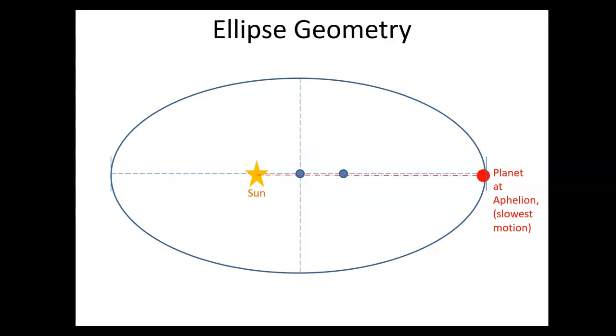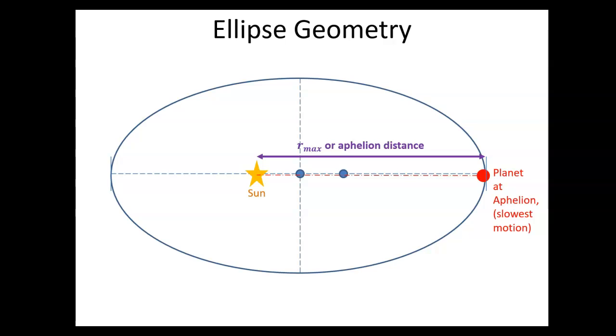This distance from the sun to the planet, when it is at aphelion, is called R max, because it's the maximum orbital distance. That distance is also referred to as the aphelion distance, because it's the distance of the planet from the sun at aphelion.